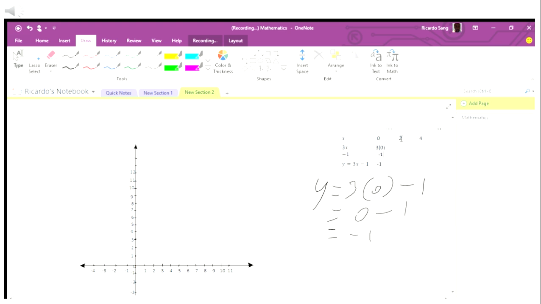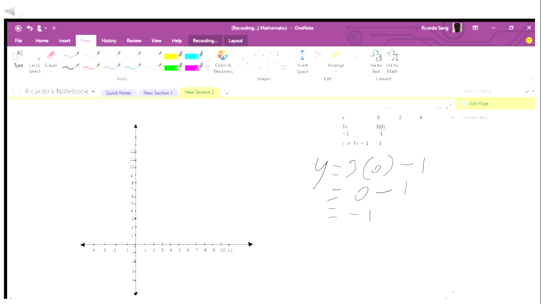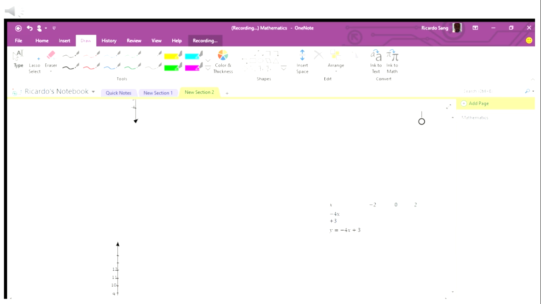So the next one is where x is equal to 2, so we can plug that in right here to give us some space. X is equal to 2, so y equals 3 open bracket 2 minus 1.